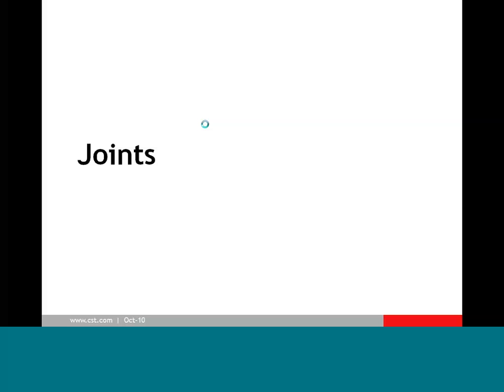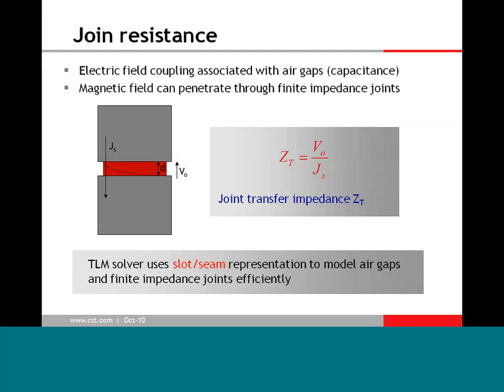Another very critical feature, again, as Carl mentioned, is the modeling of joints or seams. Air gaps, like a slot or an open aperture in a metal panel, can be important for electric field coupling, capacitive coupling, okay?